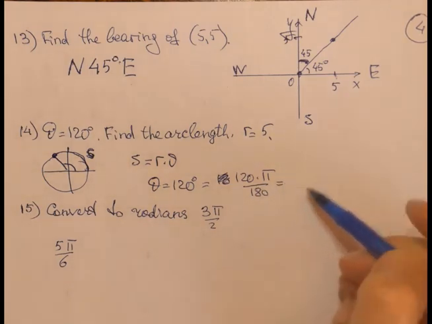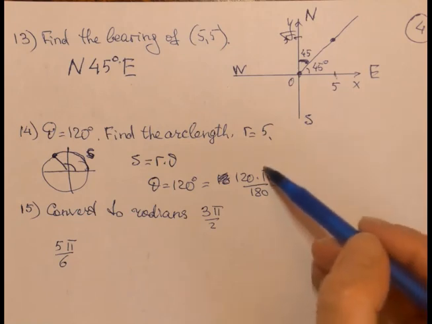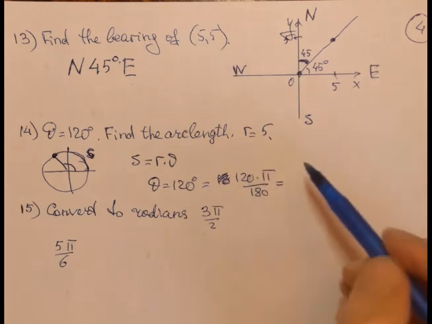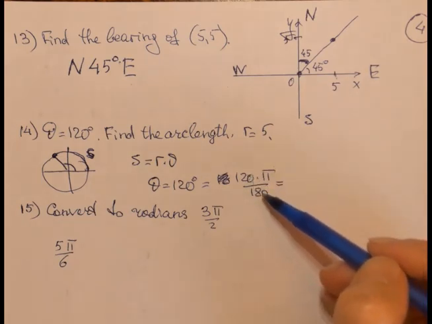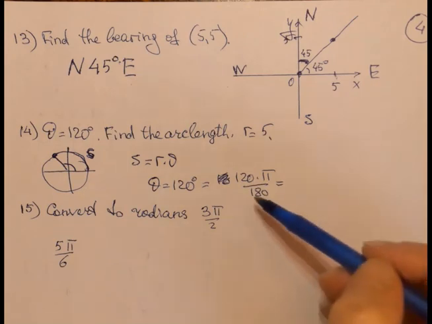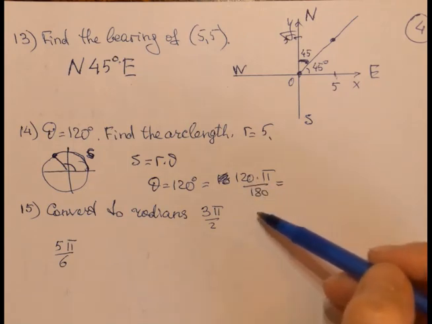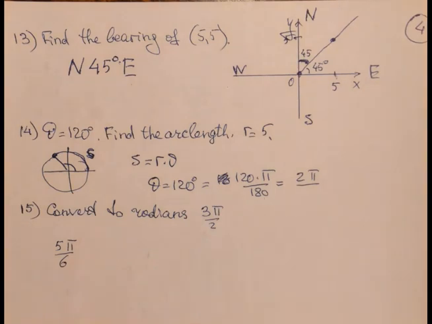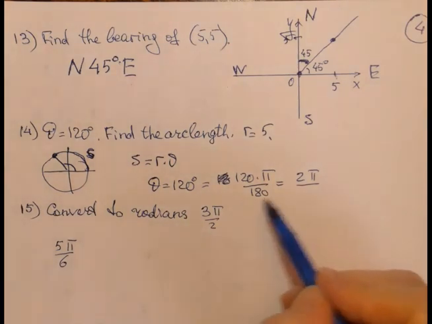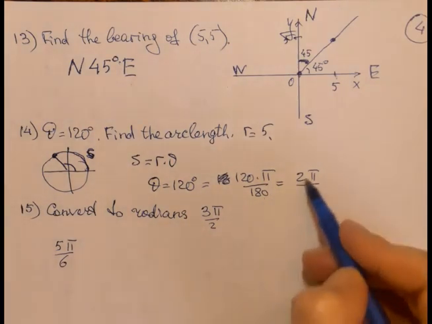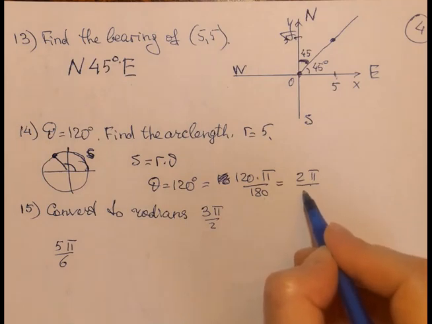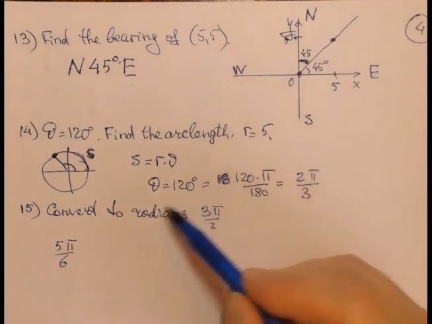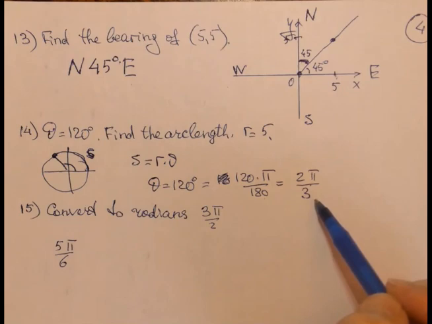So if we have an angle in radians, we usually have pi there. So 120 divided by 180, both numbers are divisible by 60. 120 divided by 60 is 2, and 180 divided by 60 is 3. So theta is 2 pi over 3.